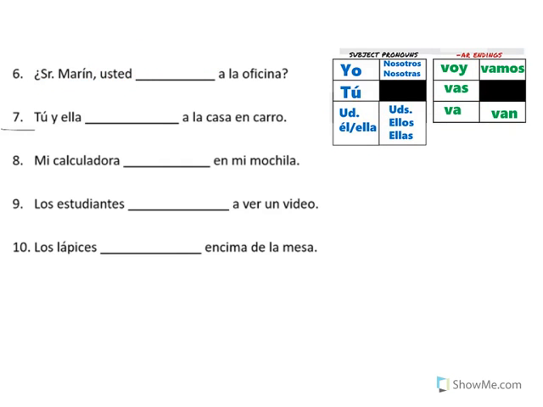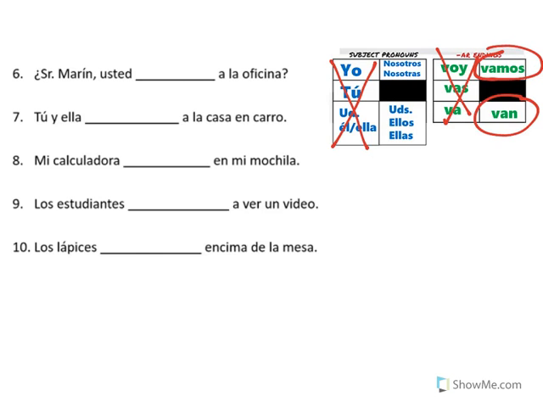7. Tú y ella. Okay. Here's one that might be tricky. We have tú y ella. So we know that there's 2. I'm talking to one plus ella, plus she. So if it's more than one person, remember, that means we're left with 2 options. It's either going to be vamos or van.